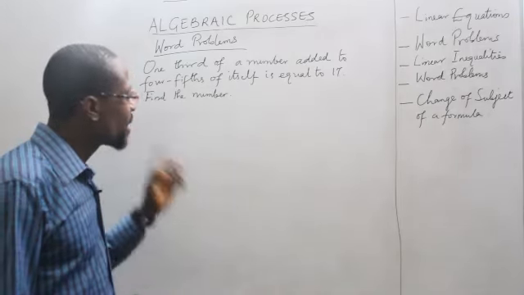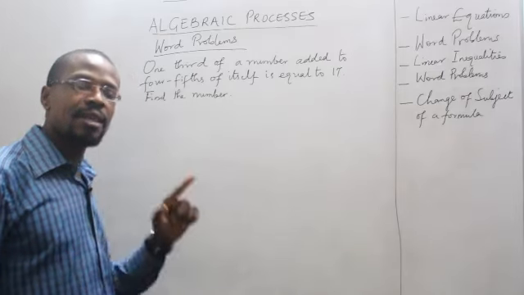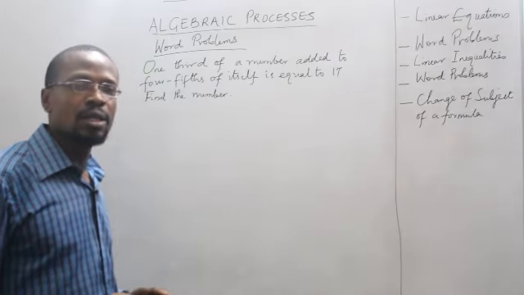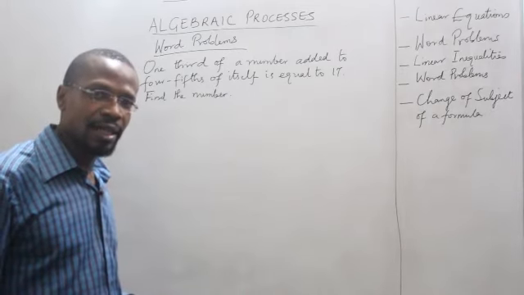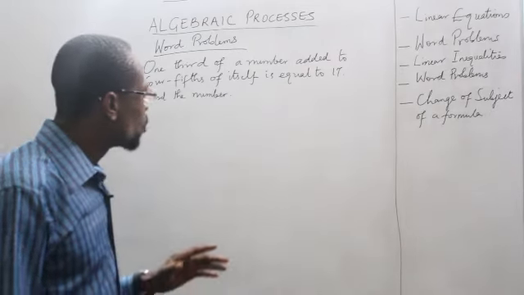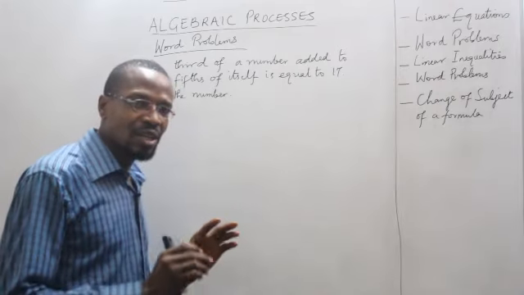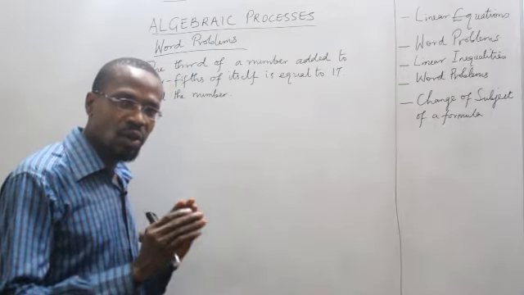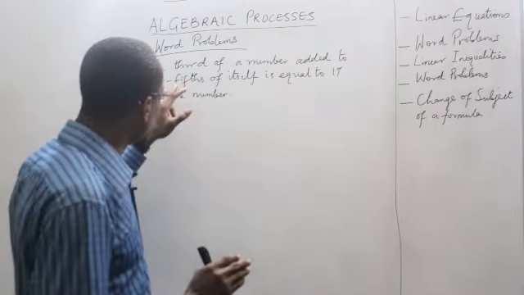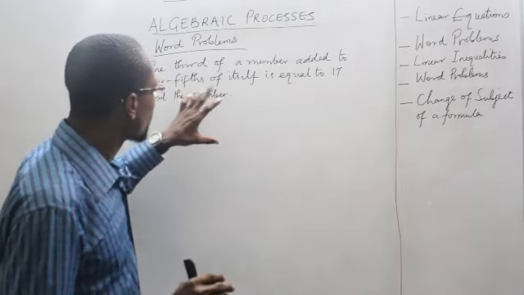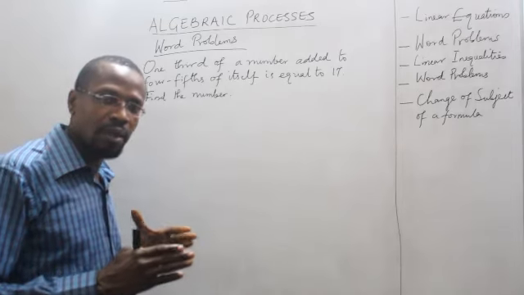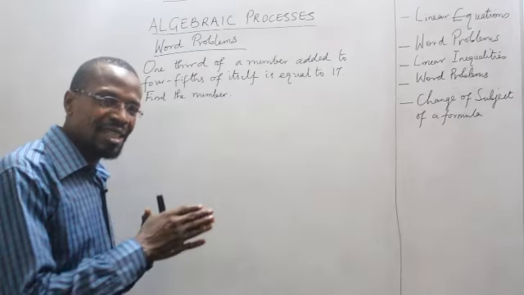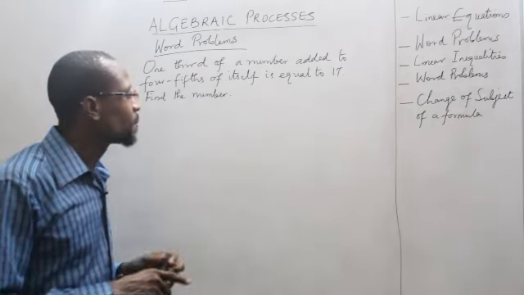And when you pick that letter, stick with it throughout the solving of the problem, and then go on to relate that letter to all the other terms and all the other words and problems as may be stated in that very question.